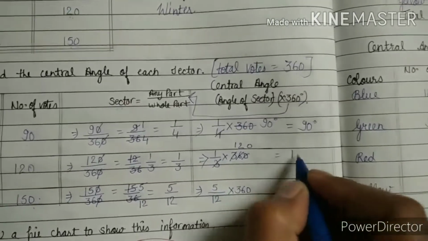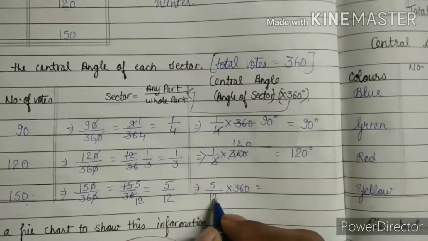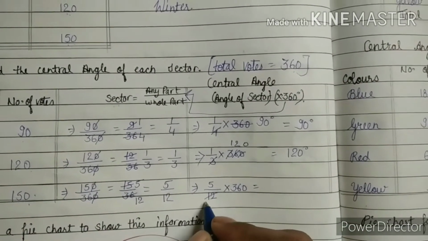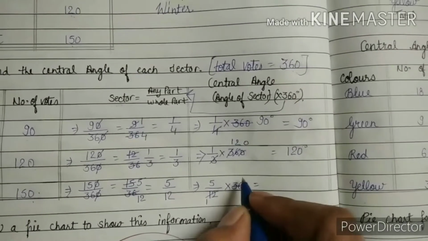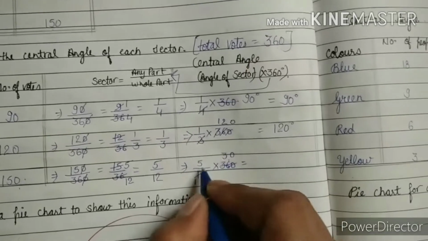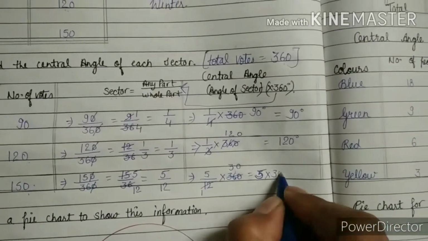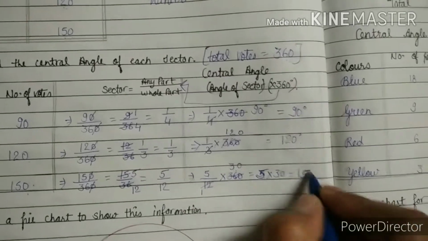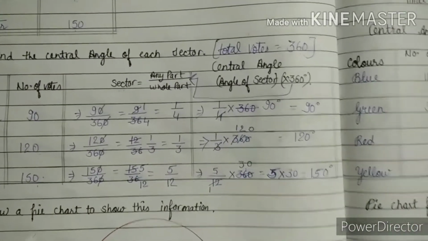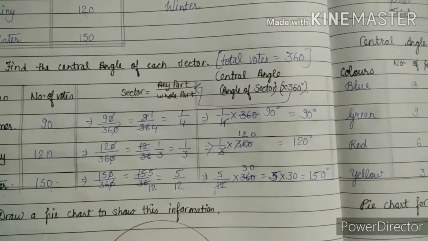So this will give us 120 degree. Now in the table of 12 comes 1 time, 36 come 3 times and 0 as it is. So 30 into 5 will give us 150 degree. Okay. So here we have taken the central angle of all the seasons.